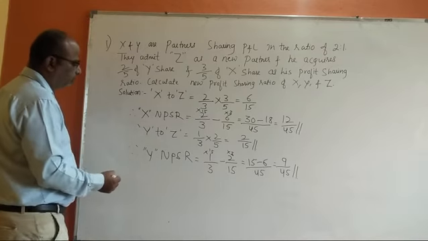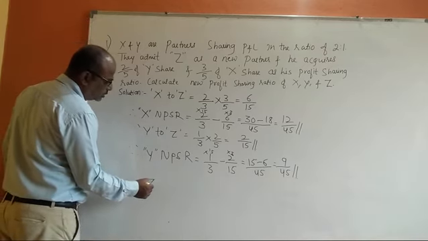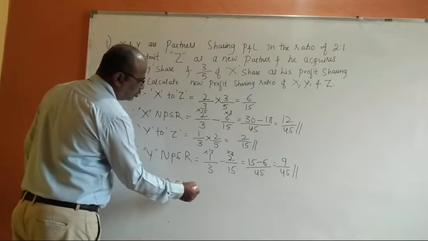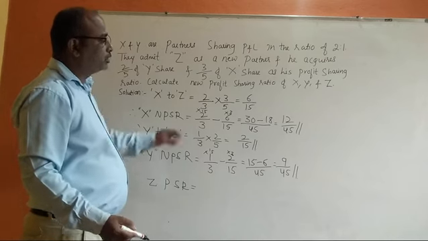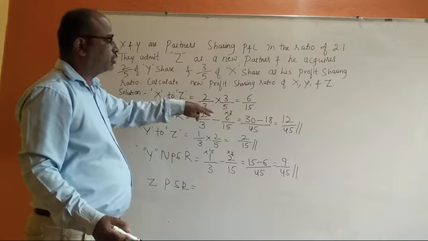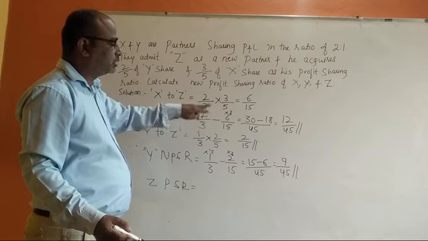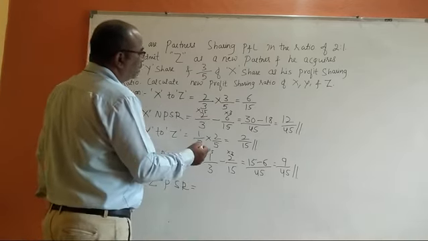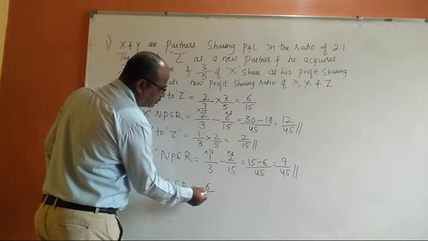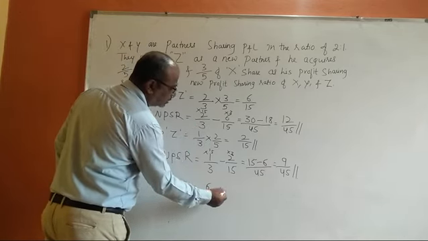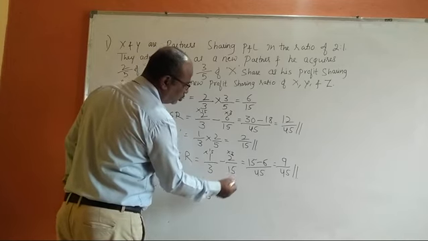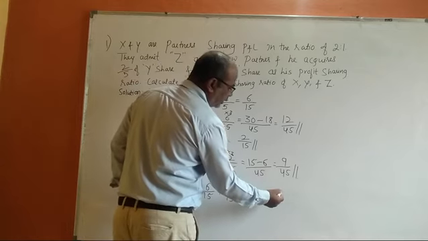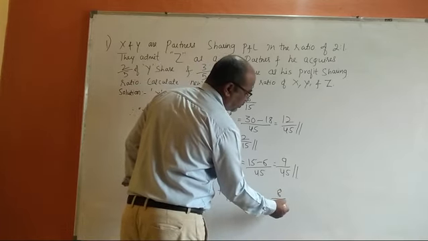Now let us see the new profit sharing ratio of Z. Z's profit sharing ratio equals the share sacrificed by X plus the share sacrificed by Y. So X has sacrificed 6/15 and Y has sacrificed how much? 2/15. That is equivalent to 8/15.